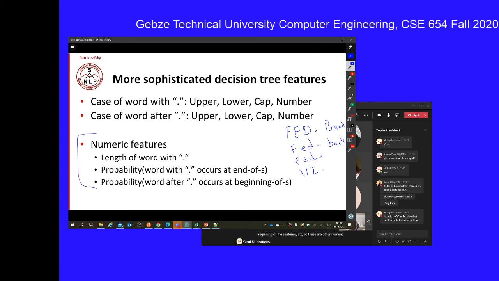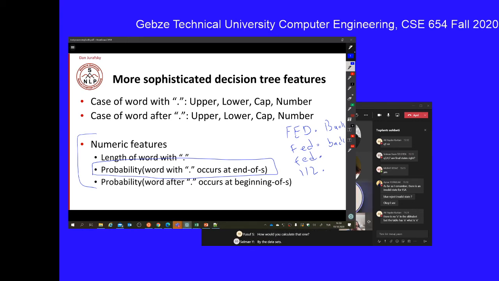How would you calculate this one? Probability word with period occurs at end of sentence. How would you calculate that one? By the datasets.